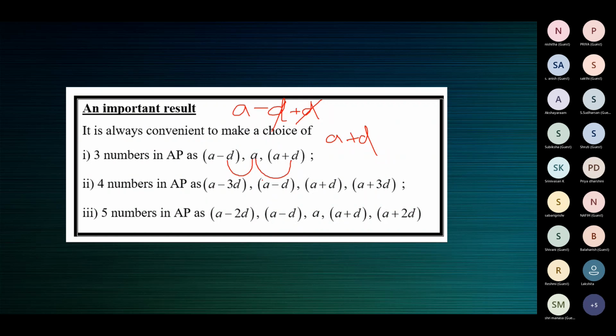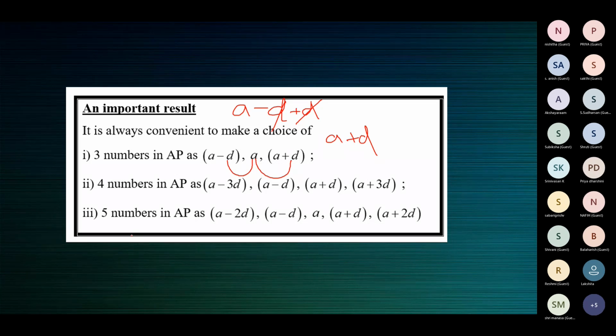Anything can be the first term, and anything can be the common difference. The thing is, the difference between any term and the preceding term should be a constant. That condition should be satisfied. The first term can be A minus D, A plus D, whatever.